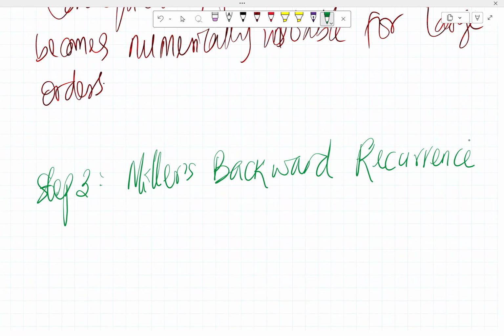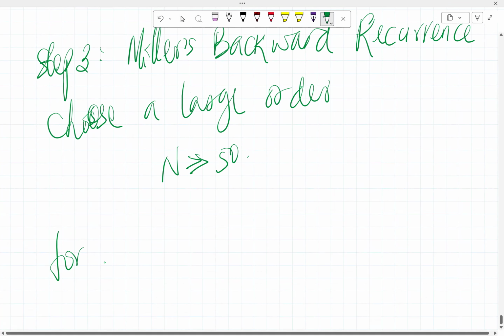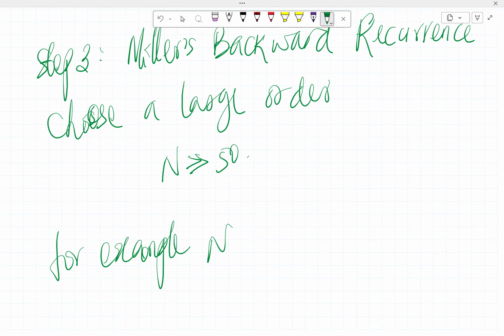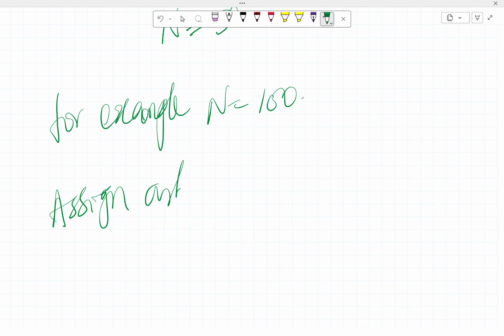If we choose a large order, say n far greater than 50, for example n equal to 100, then we can assign arbitrary starting values.